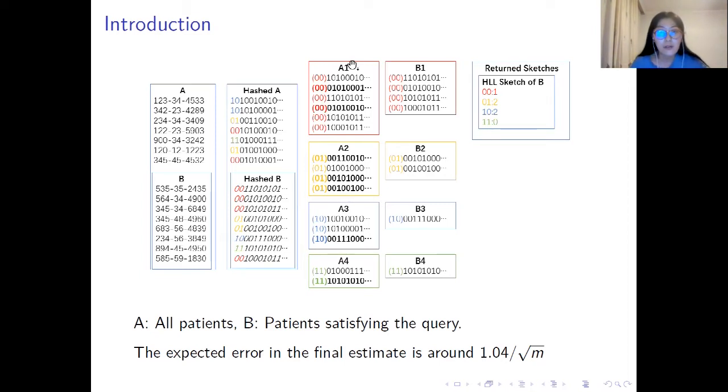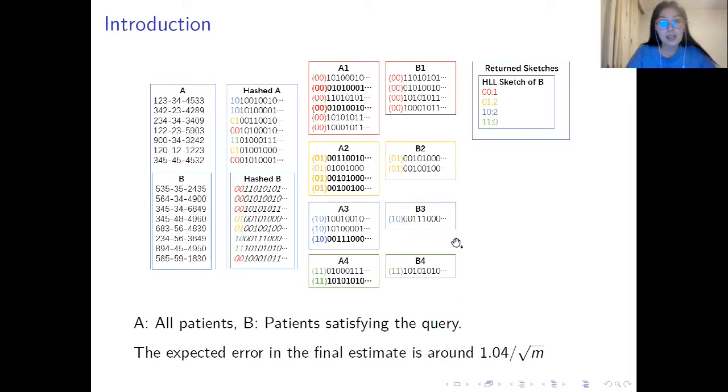And here we got 4 buckets, A1, A2, A3, and A4. These 4 are background population buckets, and B1, B2, B3, B4 are diabetes population buckets. So we can think of B1 as a subset of A1, and similarly for the other 3 buckets.